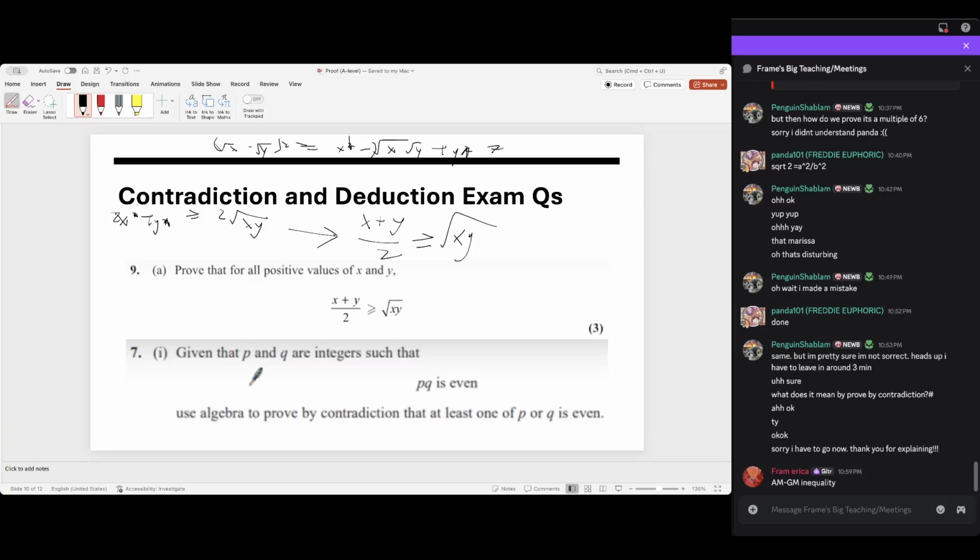So here we go. As we said, this is the AMGM inequality. This is in the British math.